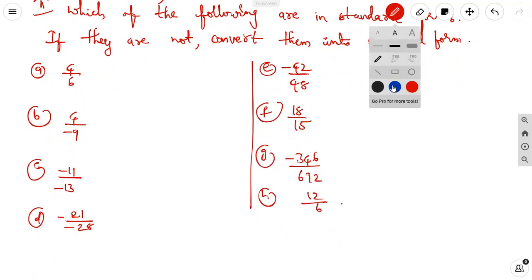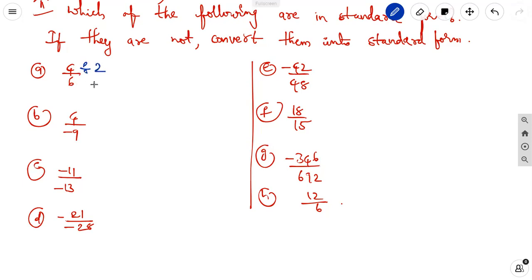The condition of the standard form means the numerator and denominator have no common factor other than 1. But here 4 and 6 are both even numbers, so they should be divided by 2. It goes in the 2 table: 2 twos are 4, 2 threes are 6. So the common factor is 2.